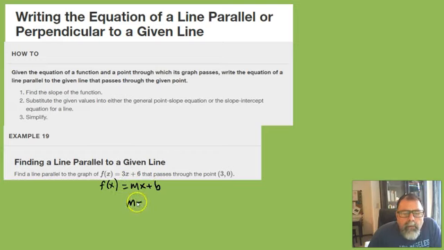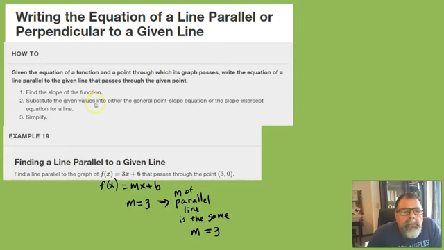So m equals 3. The slope of the parallel line has to be the same, so my parallel slope will be 3.